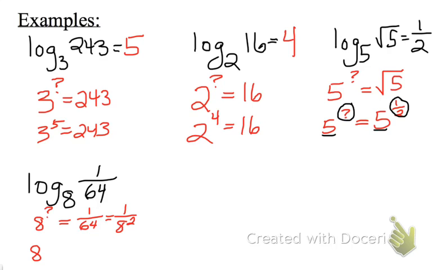So 8 raised to an unknown exponent, and we can rewrite 1 over 8 squared as 8 to the -2nd power. And there we've just figured out our missing exponent. This unknown exponent equals -2. So back to the logarithm, log base 8 of 1/64th equals -2.